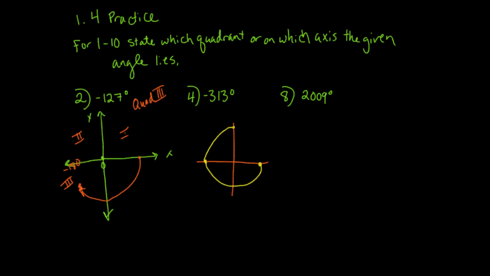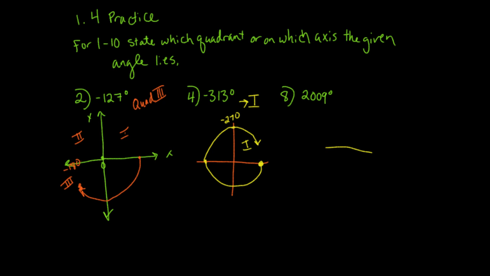This right here, if I'm going in this direction, is negative 270 degrees, right? And all the way around would be 360 degrees if I end up here. So it's between negative 270 and negative 360 degrees. That puts me in quadrant 1. So this is quadrant 1.